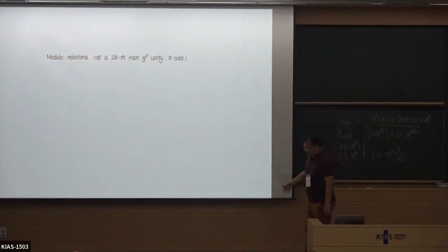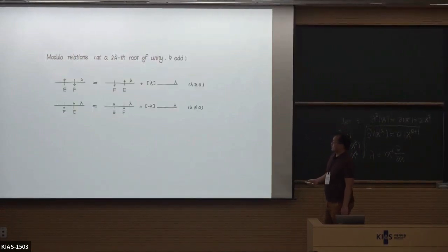This is a generator description of quantum groups. You need to impose some relations. The first relations are how you commute two operators, this lowering operator and raising operator, E and F. They commute at the cost of adding some lambda with nothing in the picture.